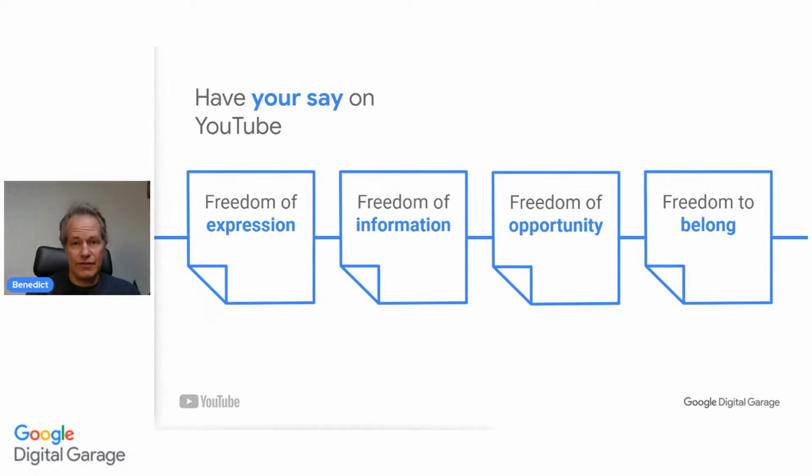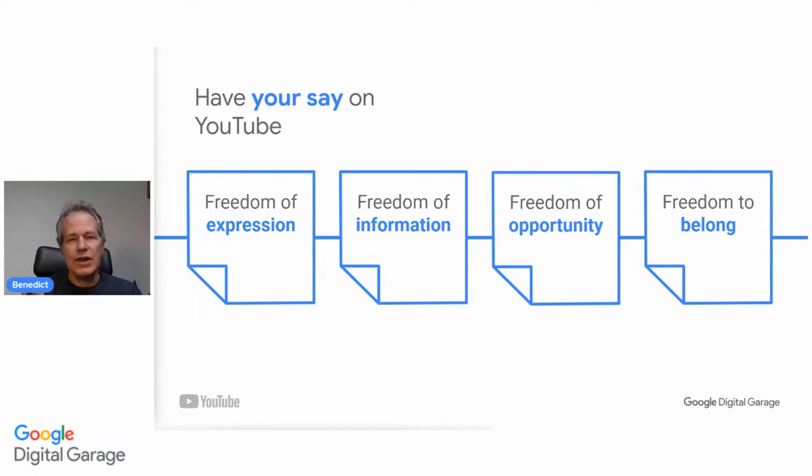Freedom of expression first. On YouTube, people can express themselves and share their story with the world, the idea that everyone has something important to say. YouTube believes that people should be able to speak freely, share opinions, and foster open dialogue, and that creative freedom leads to new voices, formats, and possibilities.